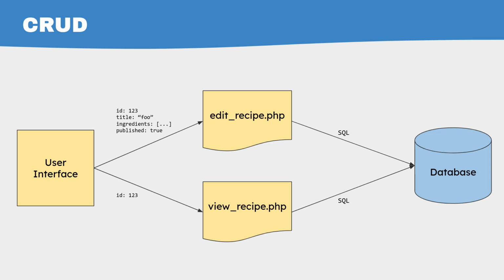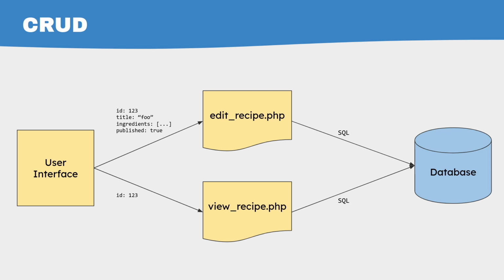And if a user wanted to edit this recipe, it would just post data to an edit recipe script, and that would just do another SQL query to the database to save it. I've only shown the read and update parts here, but you can imagine how a delete and a create would look like.